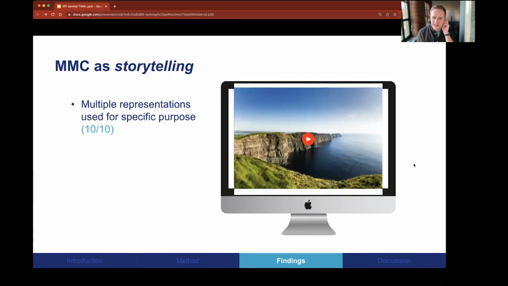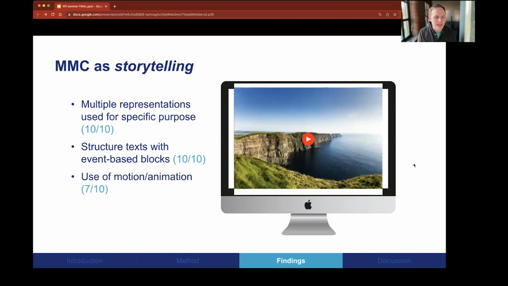In the previous example, the Harry Potter one, there was a sound effect of a creaking door, but you couldn't hear it. They structured their text with event-based blocks to segment out each scene in their story, usually about 3 scenes because they're quite short stories. And most of them used some form of motion or animation to tell that story, whether that's a loop function to have a character walking across the screen, or using different XY plotting to move characters.